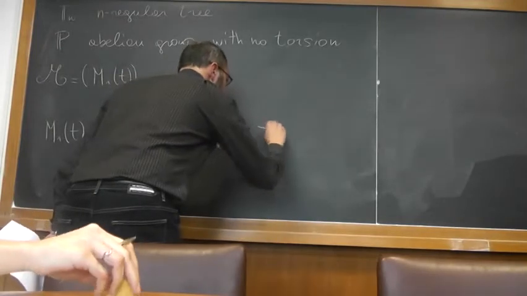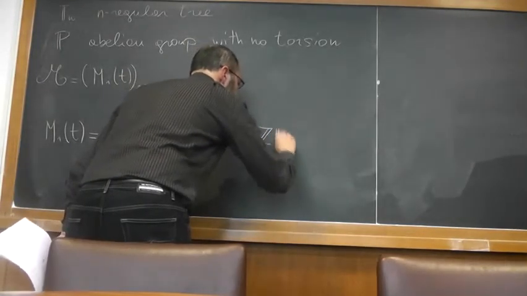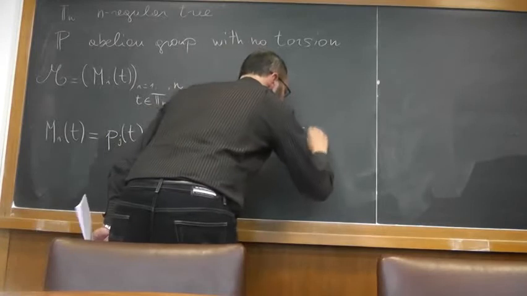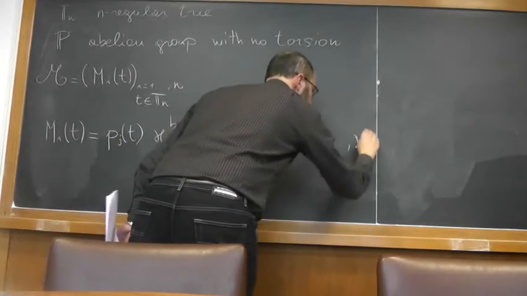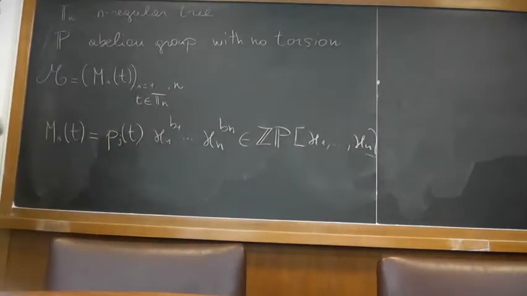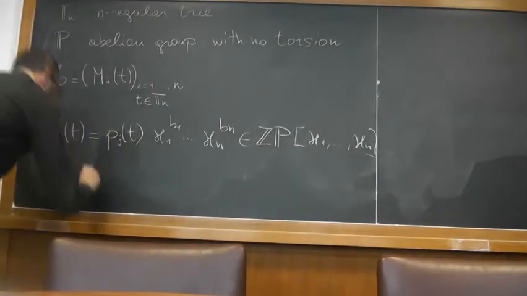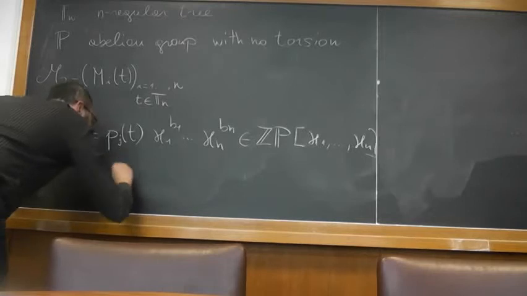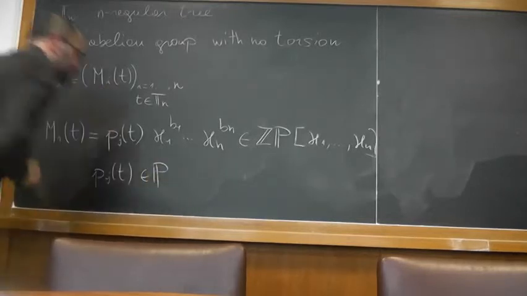So this is an element in ZP, a polynomial in n variables with coefficients in the group ring ZP, but the coefficients are required to be in P.